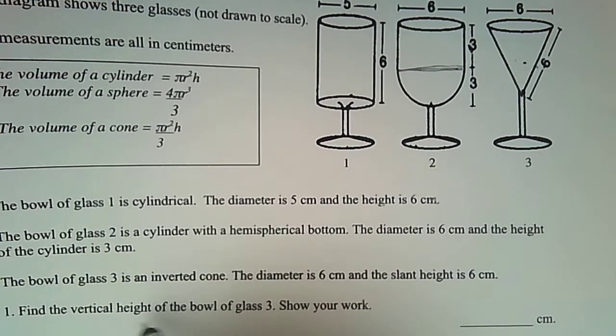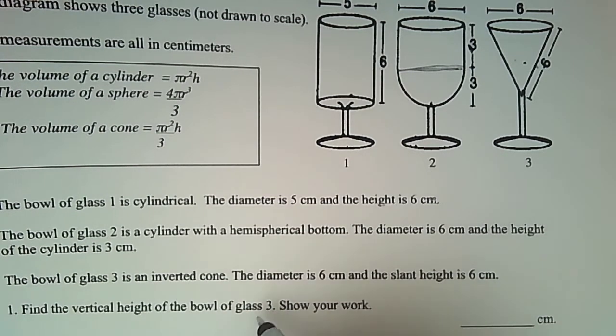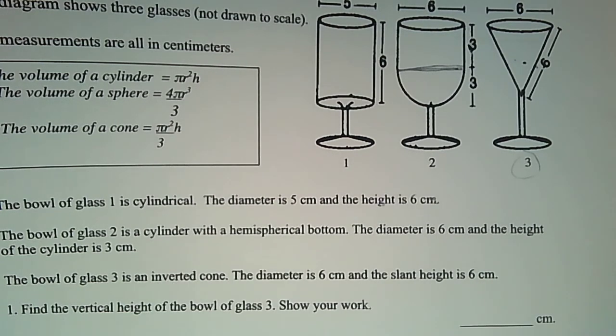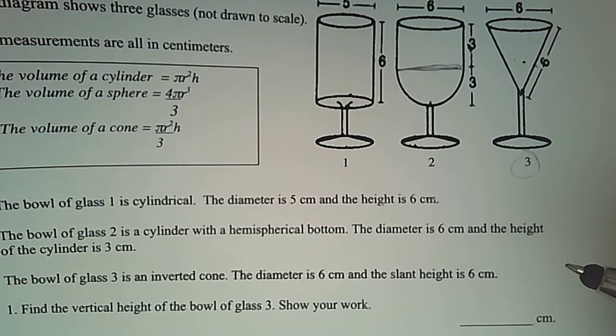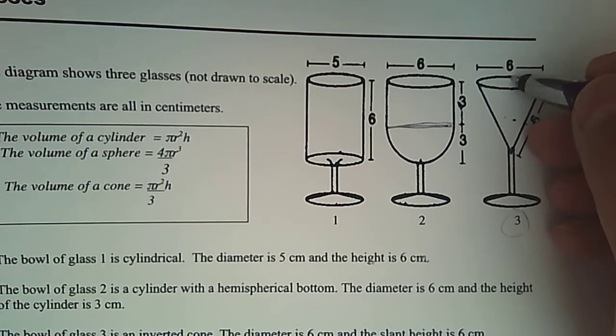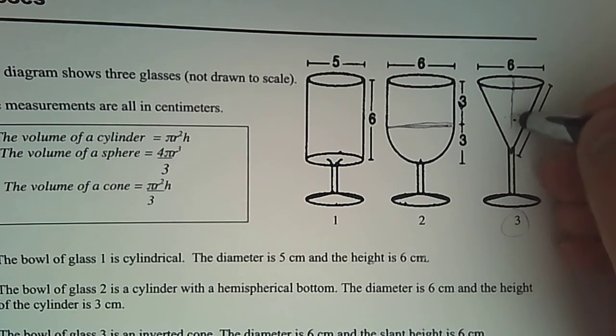So it says, first of all, find the vertical height of the bowl of glass 3. That's this one here, the last one. And then show your work. So in order to find that, I want you to have a sense that this is a right triangle.